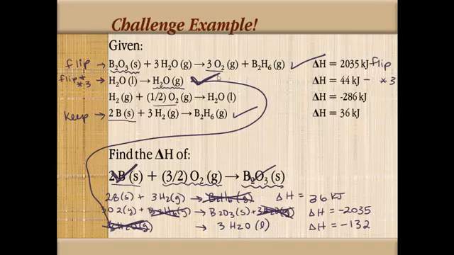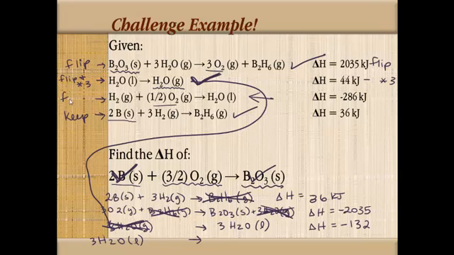So I used equations 1, 2, and 4, so I need to now use equation 3. I need 3 H2O liquids over here on the reactant side to cancel those that I don't want, okay? So those show up in equation 3, but they're on the wrong side of the arrow, and they need to be multiplied by 3.